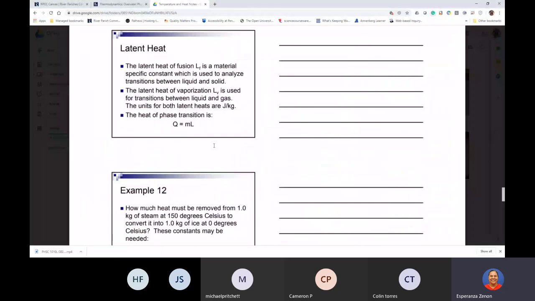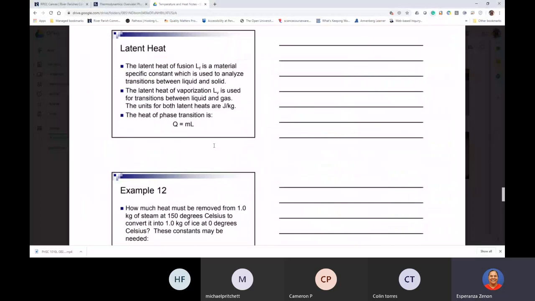In other words, when we are doing any kind of transition around the freezing point, we use LF. What kind of transitions are between liquid and solid? So you could be melting the ice in the case of water, or you could be freezing the liquid water to make it a solid. In either situation, you are making a phase transition around the freezing point. And we know for water, that is 0 Celsius.